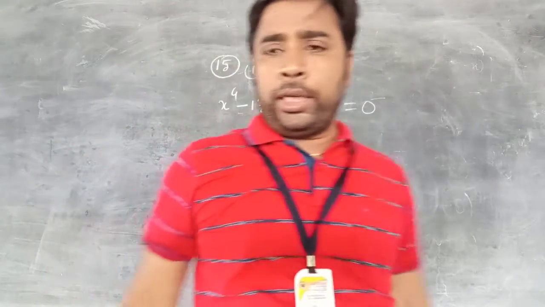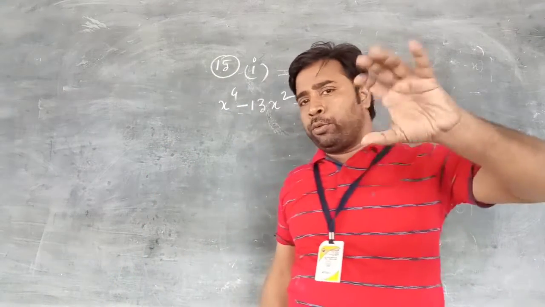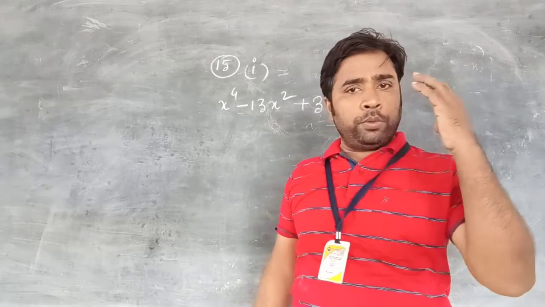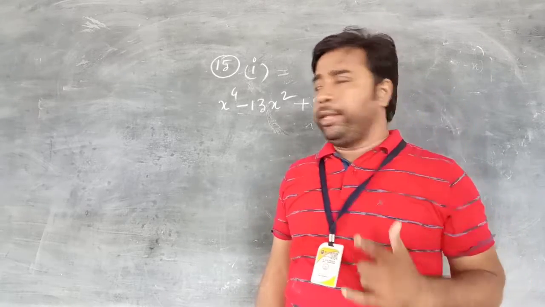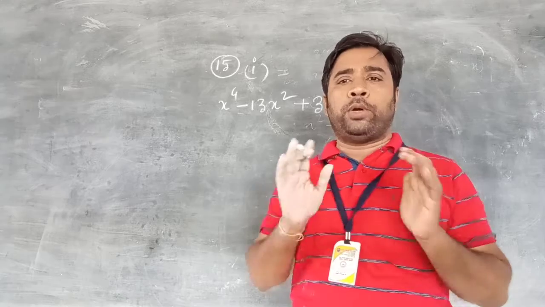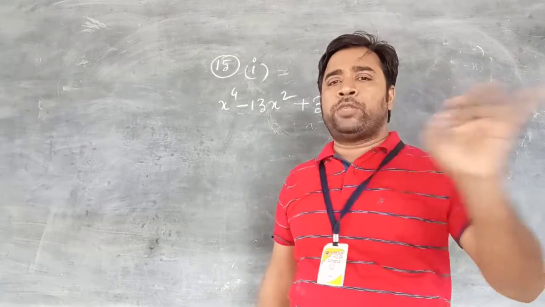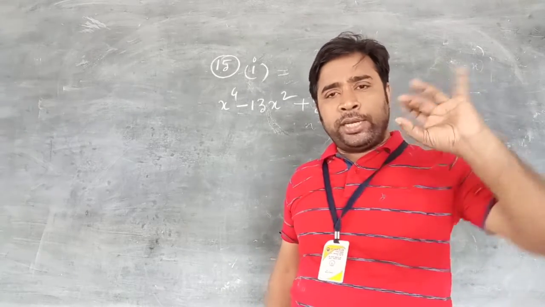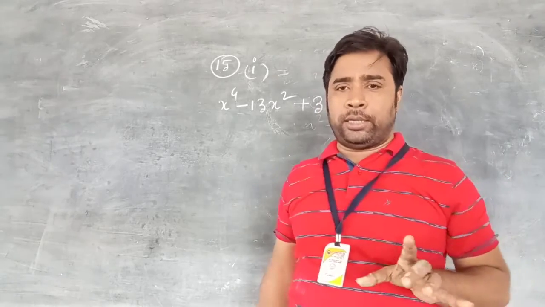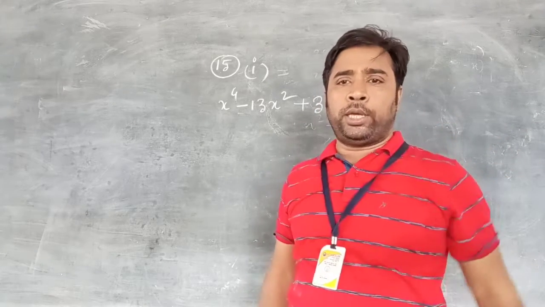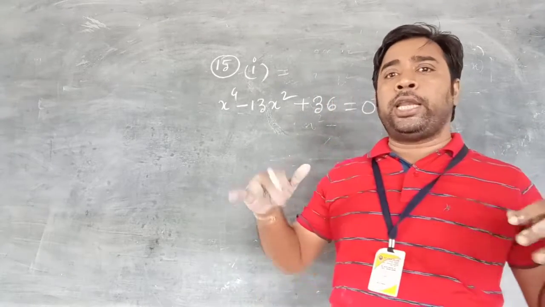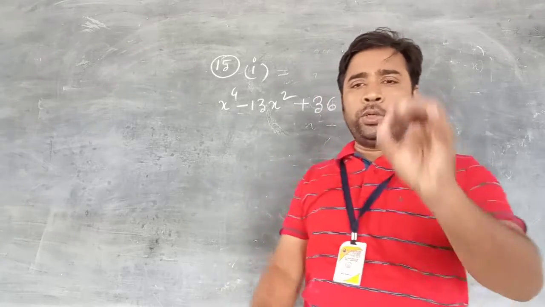Okay, so when you read the rules given to you, there I have written that whenever in a particular quadratic equation the degree is 4, and x cube will not be there, and x square should be there, then we shall consider x square equal to y. That was the rule given to you.